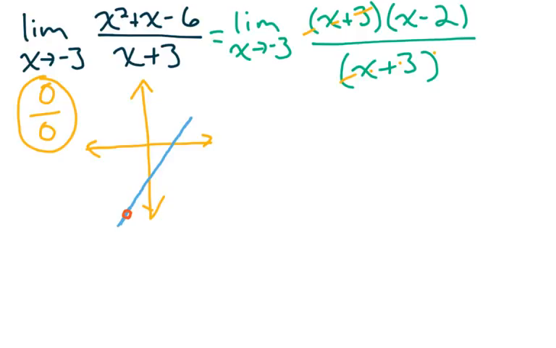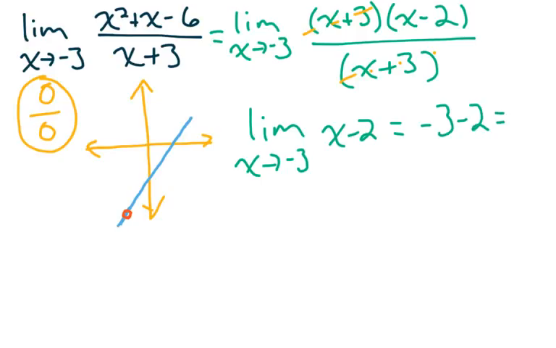So we continue evaluating that limit: the limit as x approaches negative 3 of the function x minus 2 would just be negative 3 minus 2, which gives us negative 5, and that matches nicely with what we predicted from our graph. This graph has a little hole at (negative 3, negative 5), a removable discontinuity, and the limit does exist.